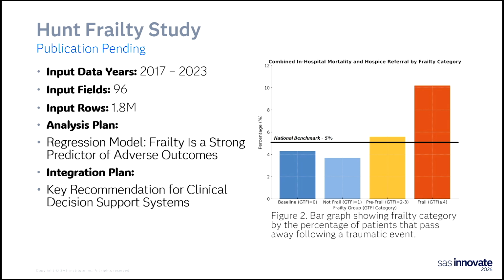It's a sad graphic if you think about it, but the fact that that frailty bar is the highest means that we're doing a really good job at identifying the patients that are at the highest risk. So in a moment's notice, when we put these patients through a triage, we're doing a pretty great job at identifying who's that close to the wire.